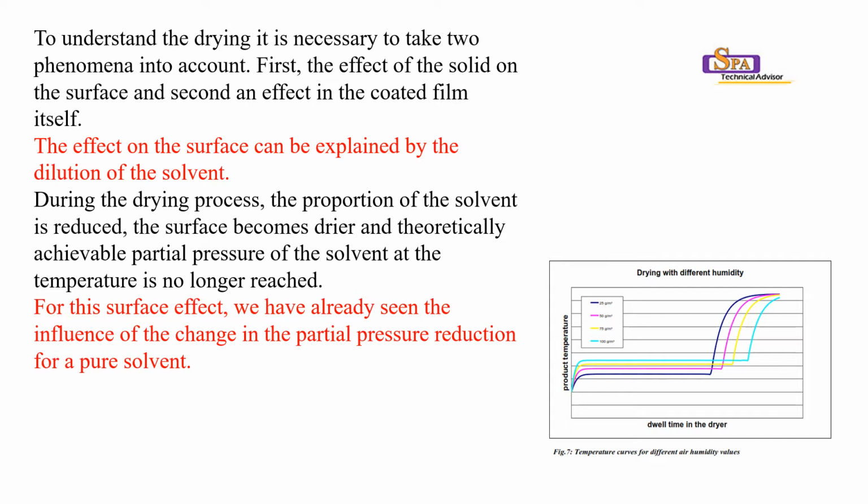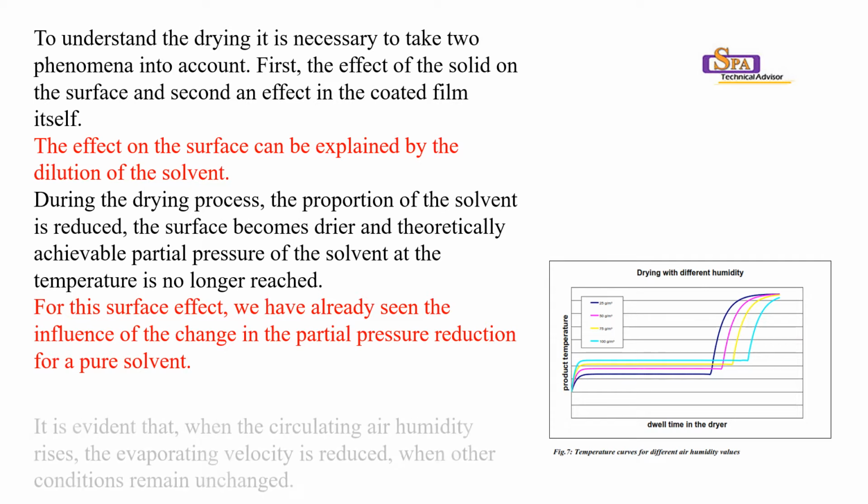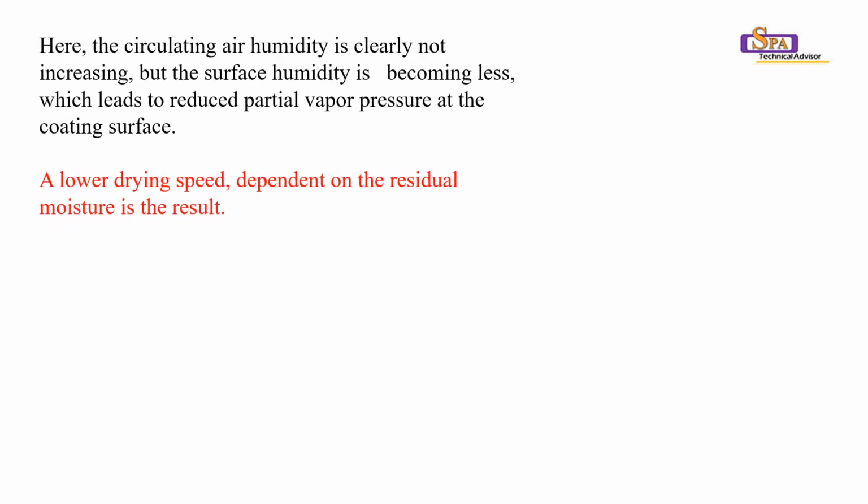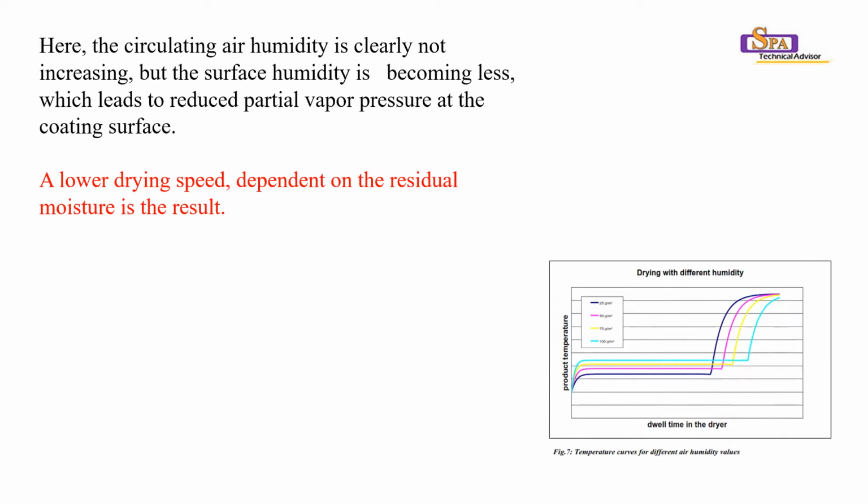For this surface effect, we have already seen the influence of the change in partial pressure reduction of the pure solvent. Here the circulating air humidity is clearly not increasing, but the surface humidity is becoming less, which leads to reduced partial vapor pressure at the coating surface. Here is the graph which explains this.